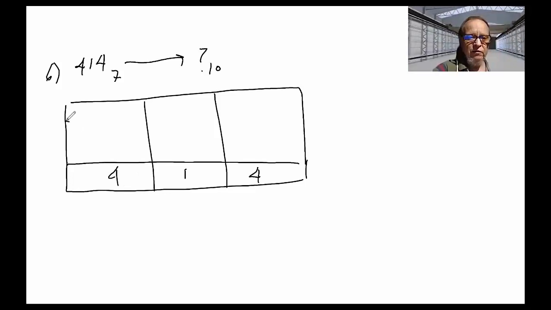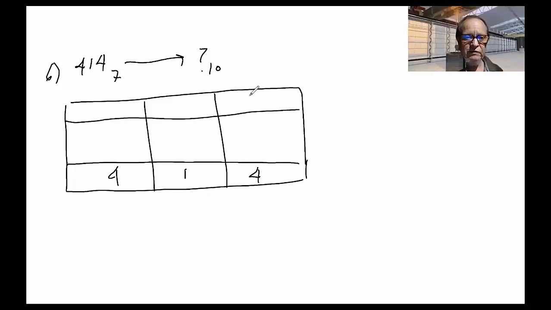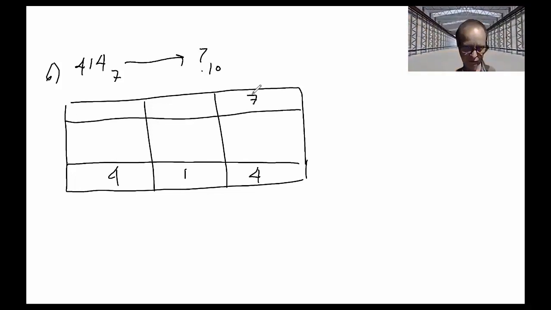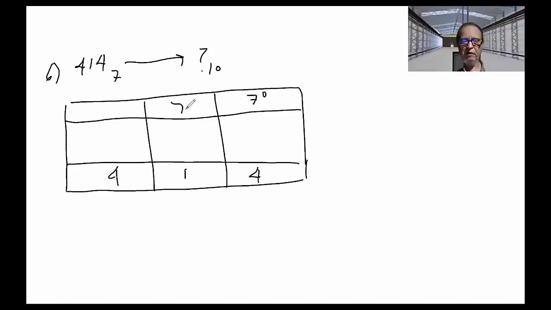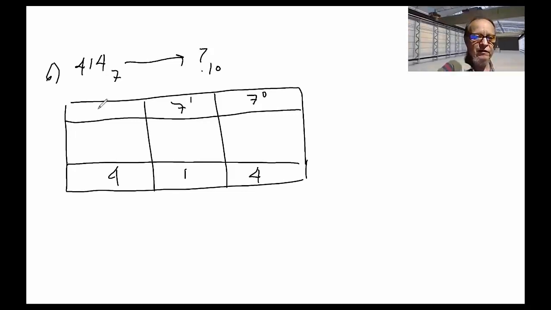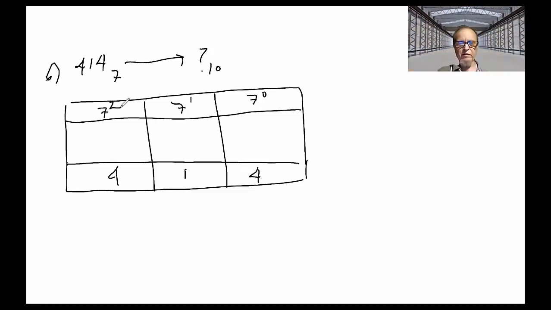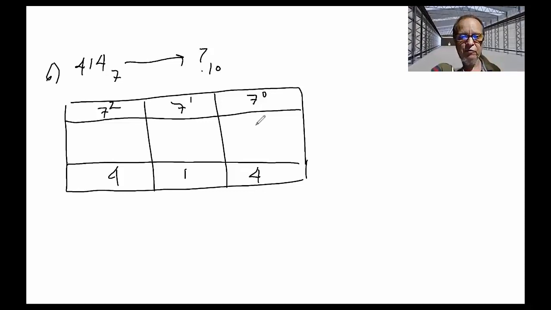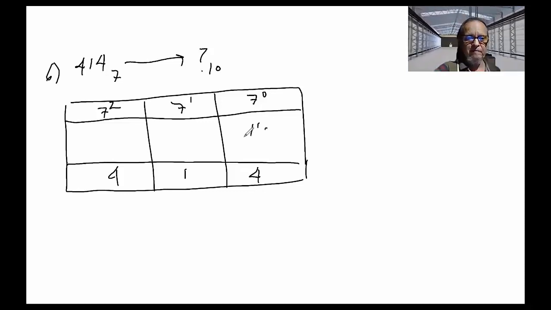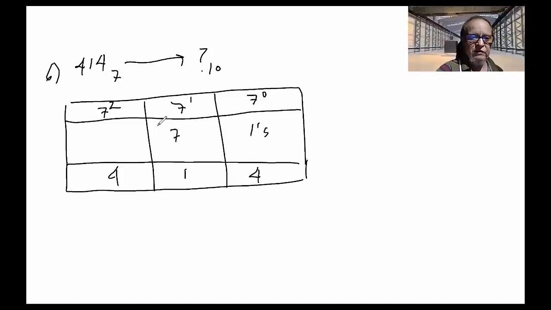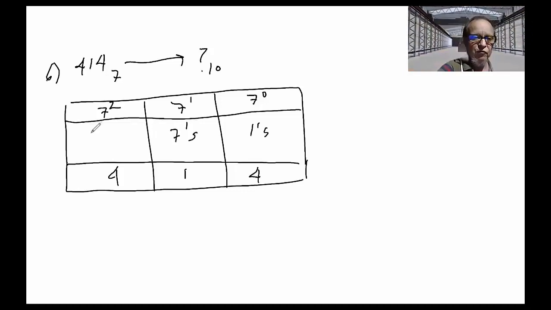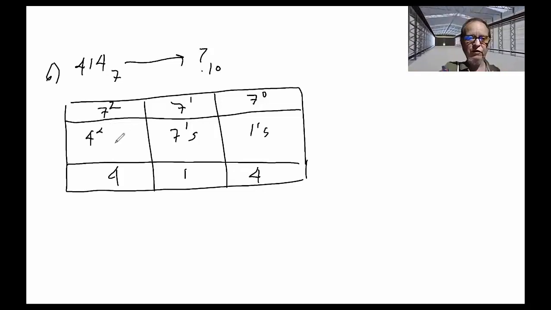And here, this is the 7 to the 0 power column. This is the 7 to the first power column. And this is the 7 to the second power column. Well, 7 to the 0 is our 1s. 7 to the 1 is our 7s. And 7 squared is 49. So that's our 49s.